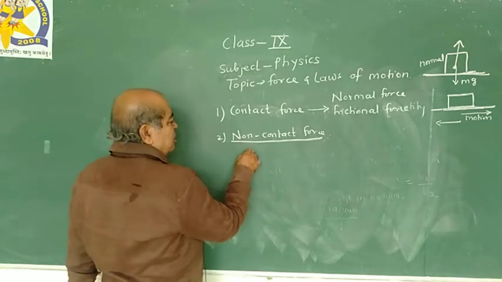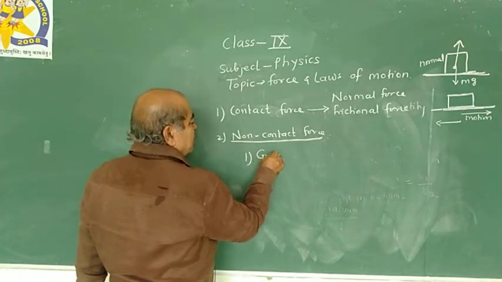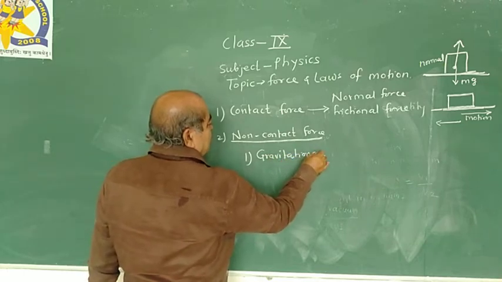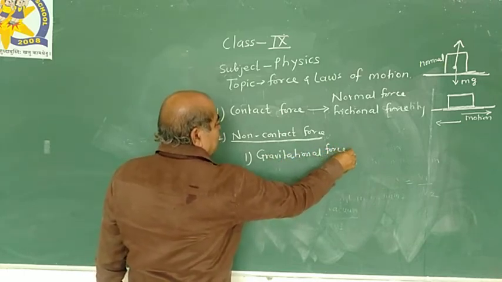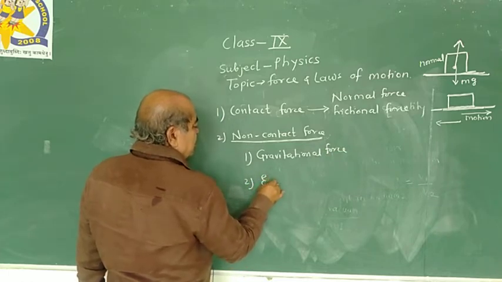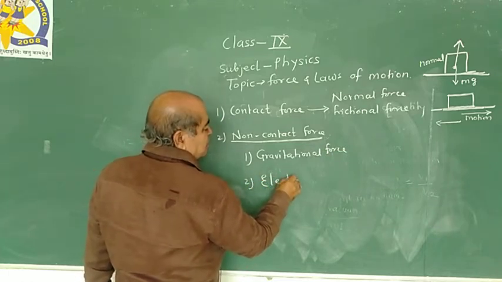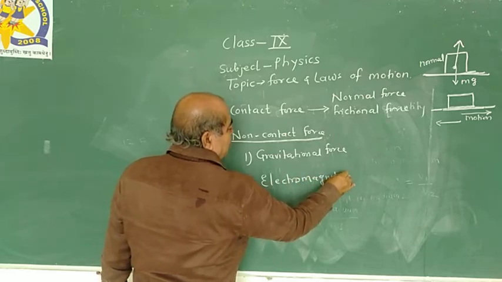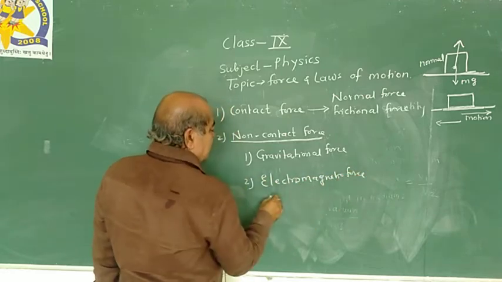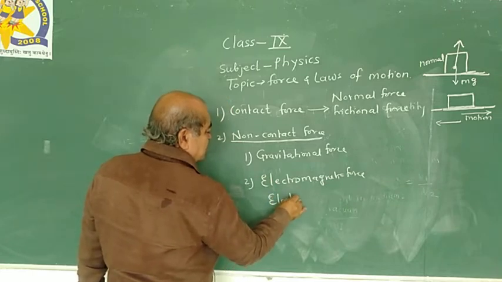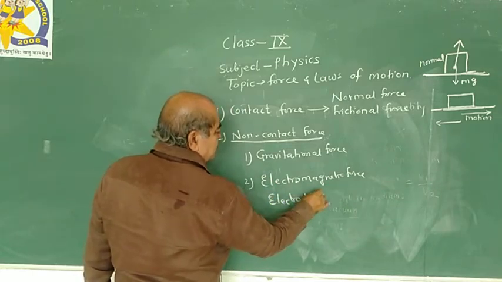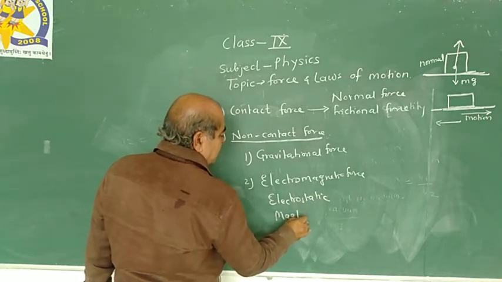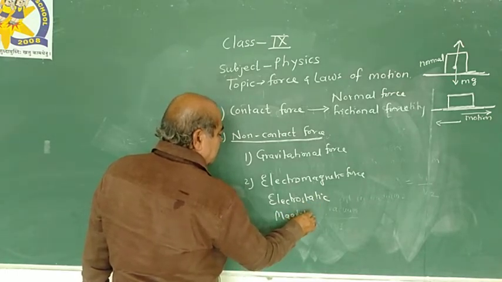There are two types of non-contact force: one is the gravitational force, and the second type of force is electromagnetic force. Electromagnetic force is the electrostatic force, म्हणजे due to electricity, and the second is the magnetic force.